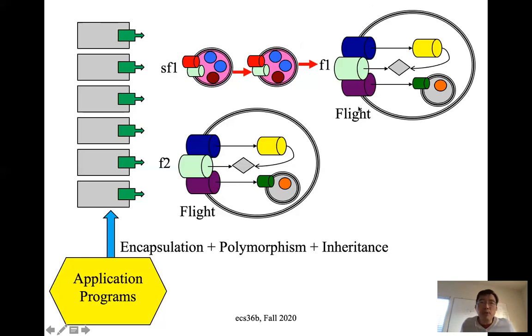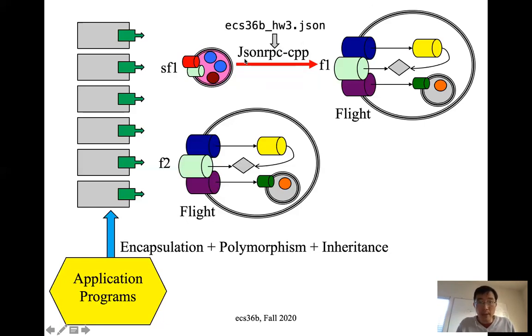So here is the beauty of encapsulation, about the design. The interface between the SF1 and F1 is from ecs36b, HW3.json, using JSON RPC to generate HW3 client.h and HW3 server.h.